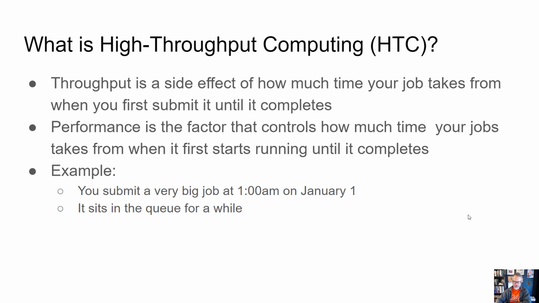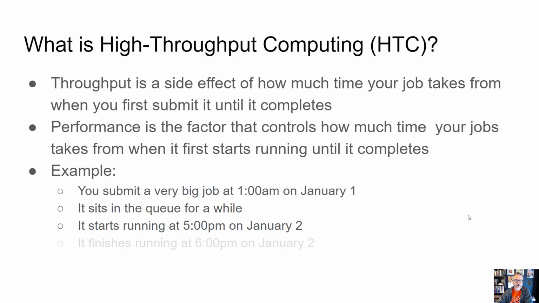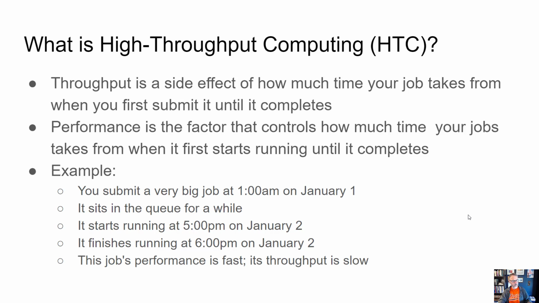I don't know, maybe everyone's trying to take advantage. And then it finally starts running at 5 o'clock p.m. on January 2nd, but finishes running at 6 o'clock p.m. on the 2nd. So then we would say, relatively speaking, assuming this is a really huge job, it's got fast performance, or good performance, because it only took an hour to run, but its throughput is really slow, or low, because I'm only getting one job done in a day and a half.